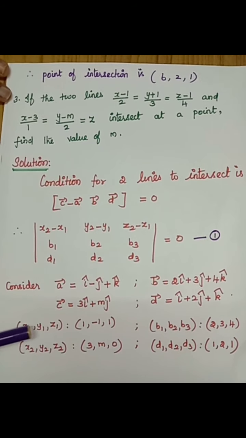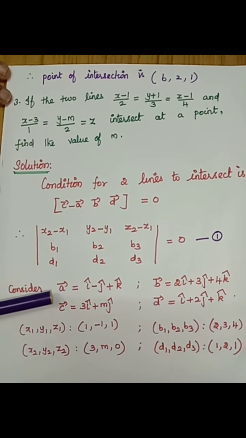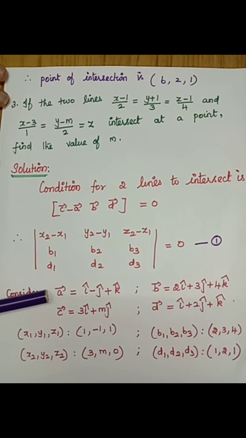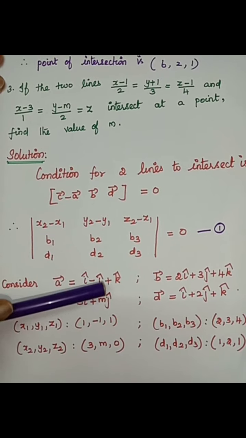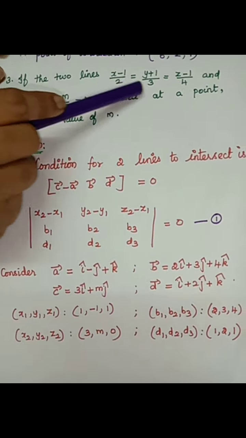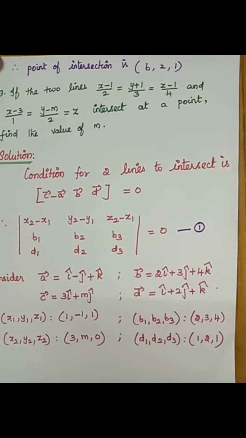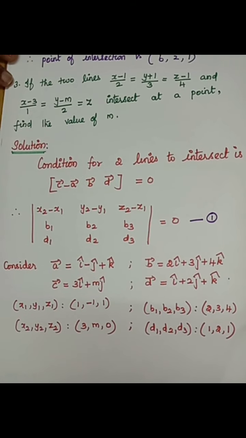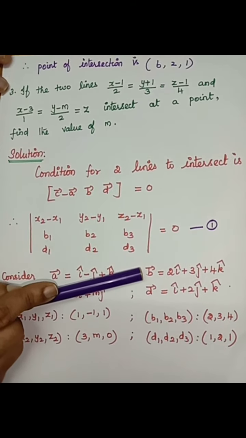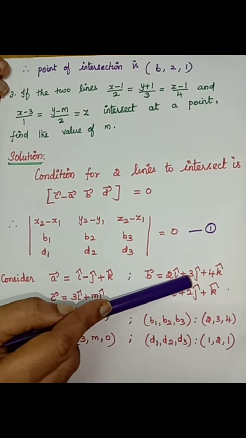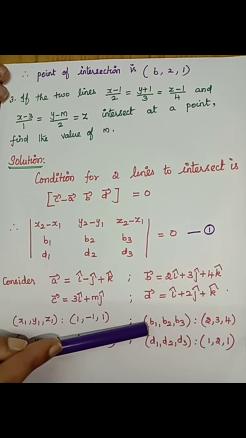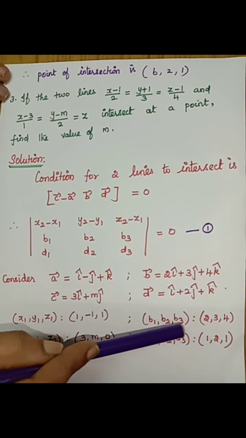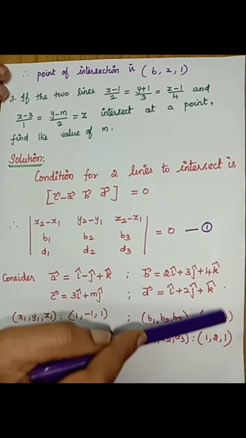Either you can write x1, y1, z1 or you can write it in the vector form. So a vector is equal to i cap minus j cap plus k cap. And the denominator is nothing but the direction ratios of the parallel vector. So b vector can be written as 2i cap plus 3j cap plus 4k cap in vector form. In the Cartesian form, you can write b1, b2, b3 as 2, 3, 4.